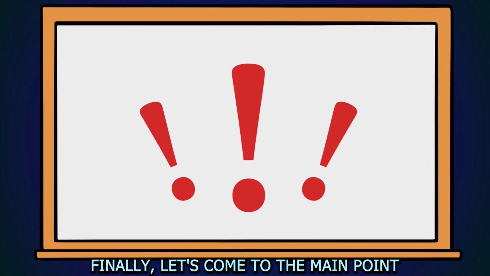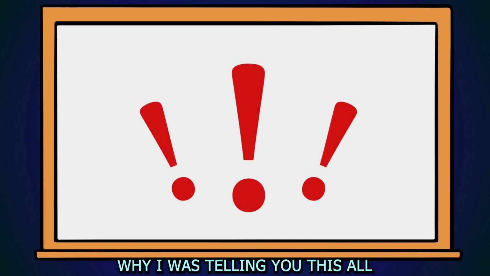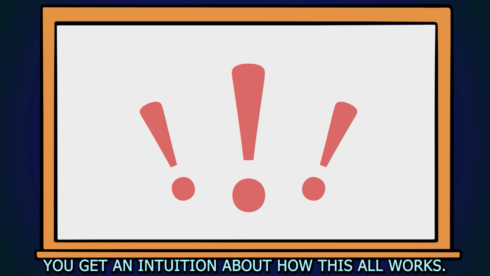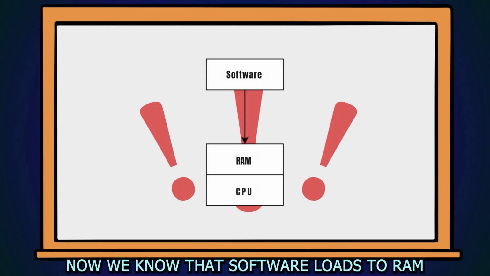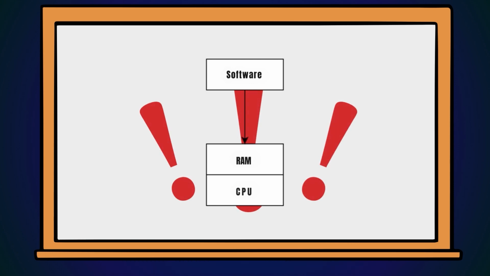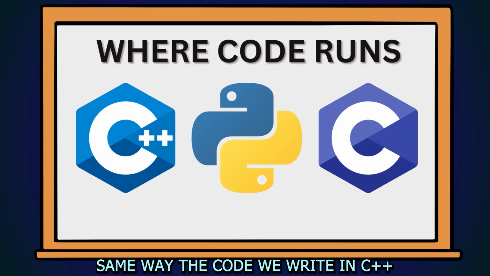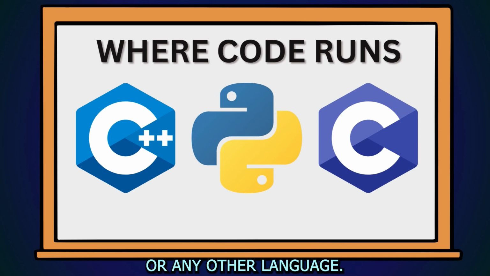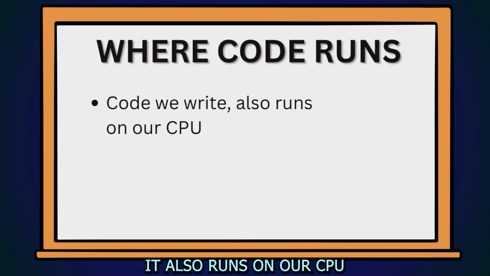Finally, let's come to the main point, why I was telling you all this, so that you get an intuition about how it all works. Now we know that software loads to RAM and then from RAM, the CPU executes it, right? The same way, the code we write in C++ or any other language also runs on our CPU.